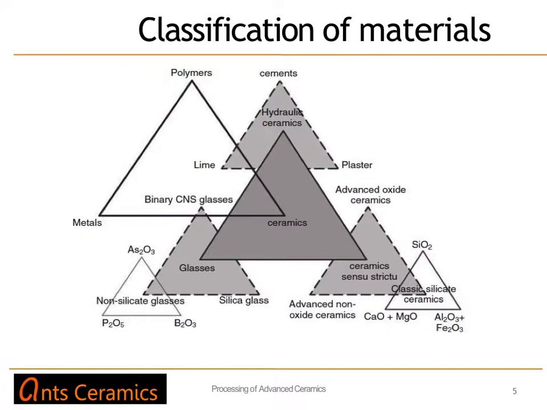The ceramic components can be divided into advanced oxide ceramics, advanced non-oxide ceramics, and classical silicate ceramics. Classical silicate ceramics can also be divided into mainly alumina based, silica based, or calcium magnesia based ceramic components.